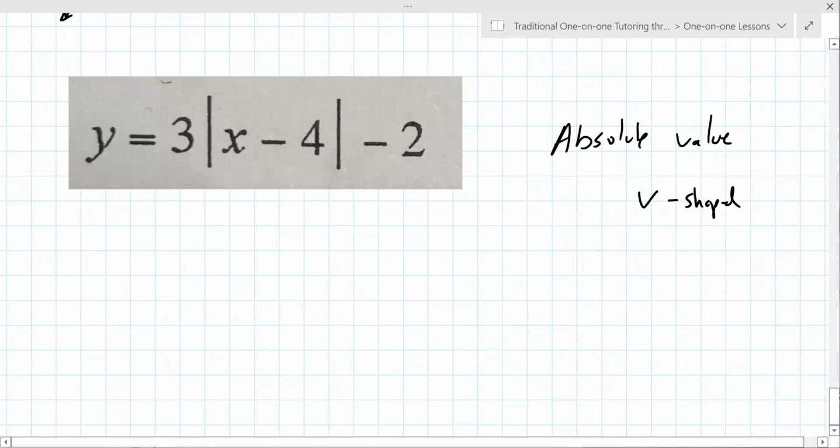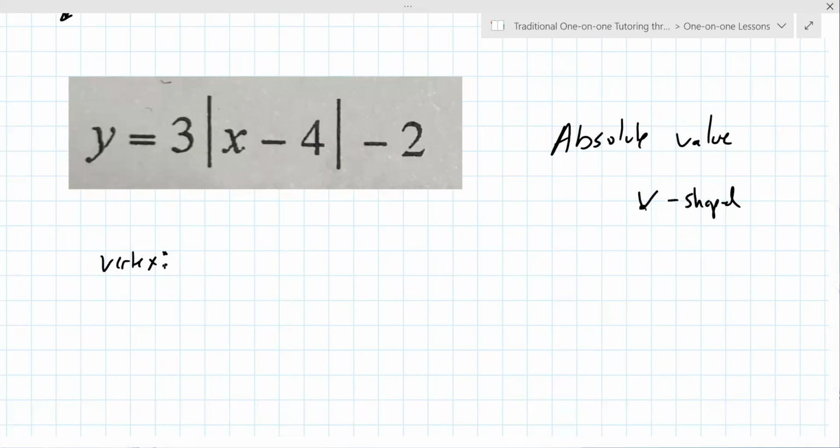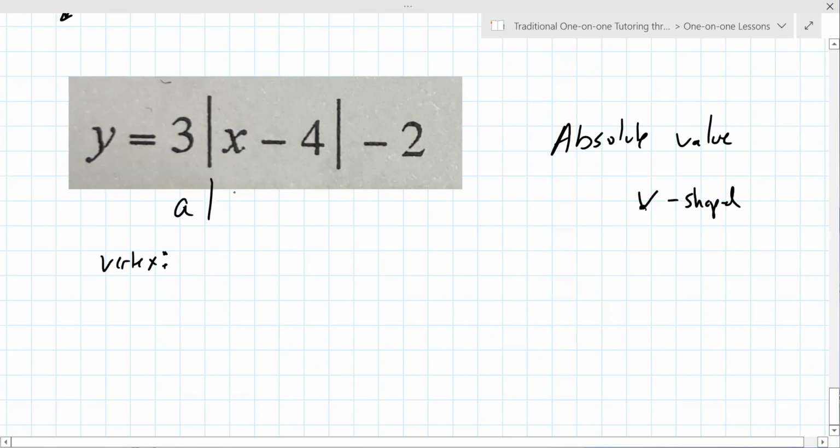Okay. So all the absolute value graphs have the equivalent of a vertex. It's that point where the V comes together at the bottom or the top. Can you tell me the vertex just by looking at this? I forgot where it goes actually. Okay, so here's the standard form.